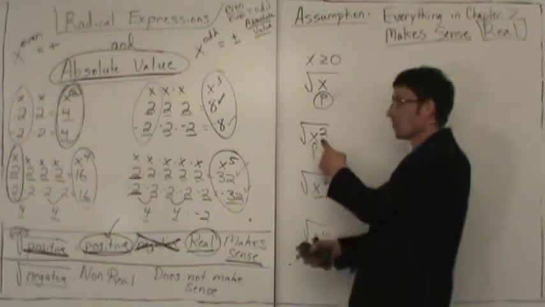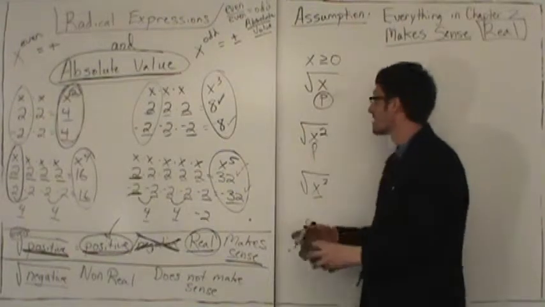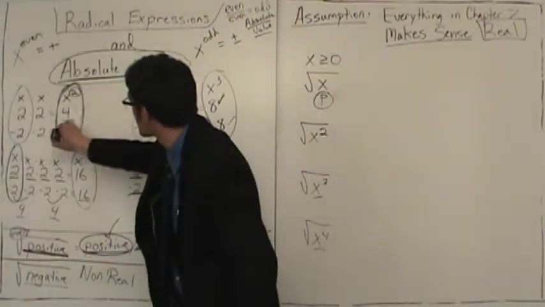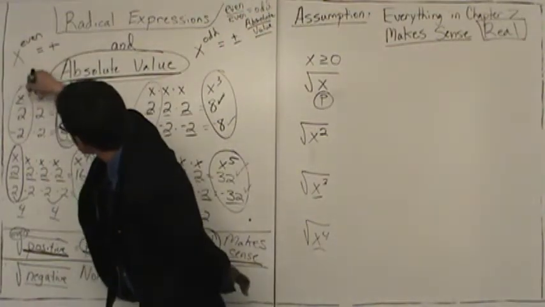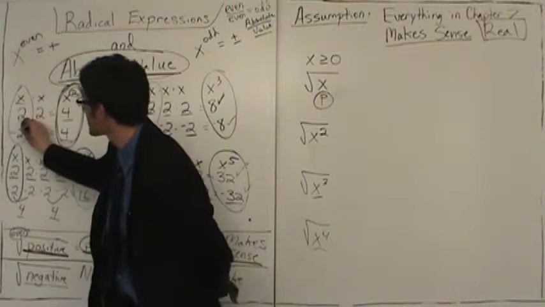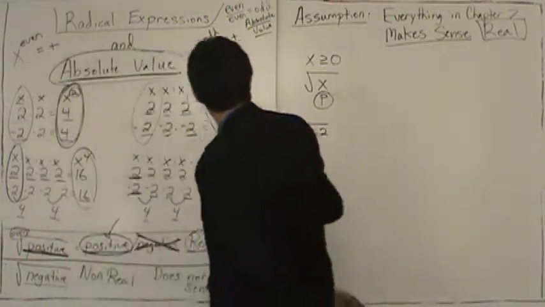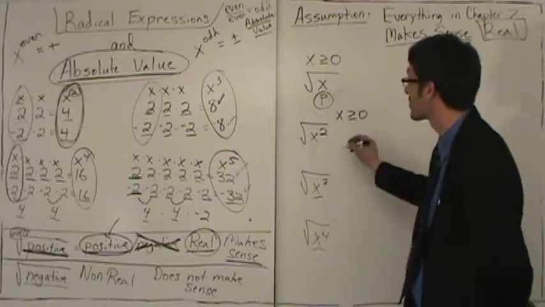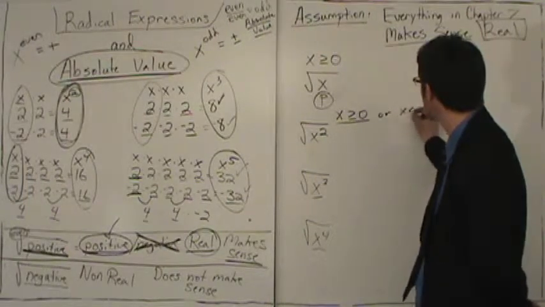But do we know anything about x itself? Could x itself be positive? Yes. Could x itself be negative? Yes. Can we say that x is greater than or equal to 0? No. Because x could be greater than or equal to 0, or x could be less than 0.